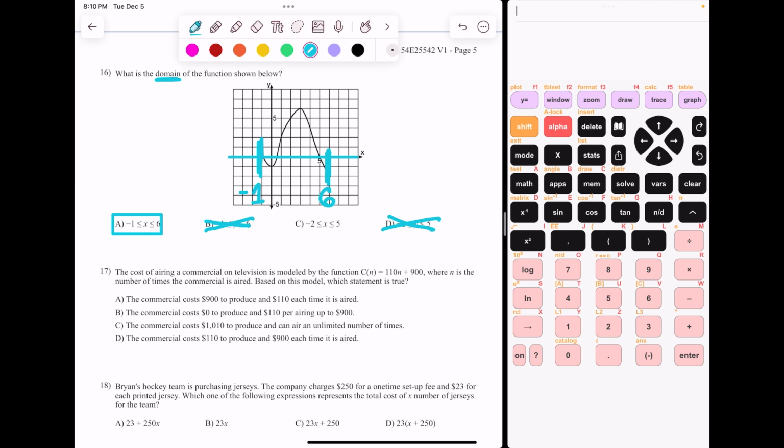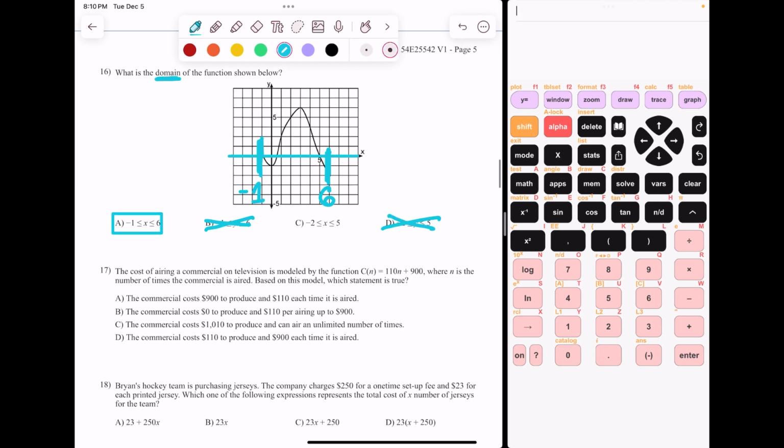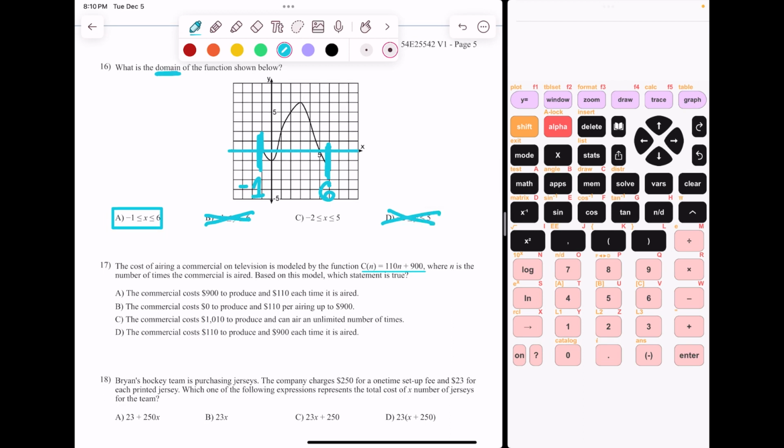All right, let's look at question 17. Question 17 says, the cost of airing a commercial on television is modeled by the function C of n equals 110n plus 900, where n is the number of times the commercial is aired. N has to do with times the commercial is aired.